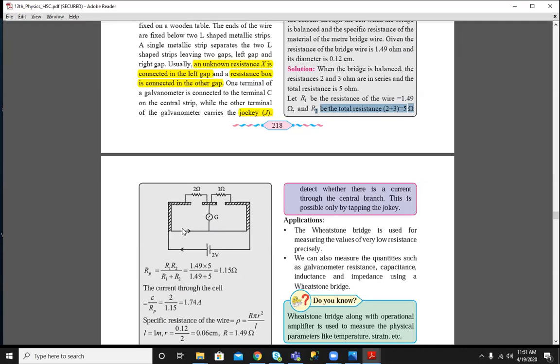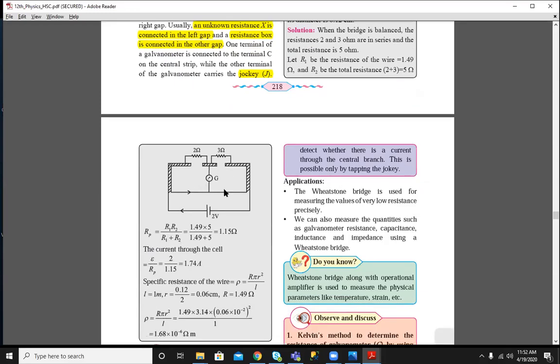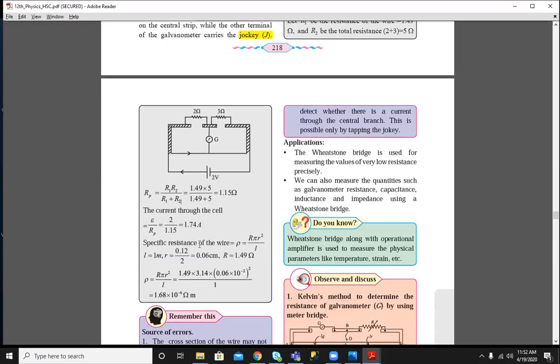This path and this path are in parallel, and for parallel resistances we already know the formula, R1 R2 by R1 plus R2. R1 is the resistance of the wire and R2 is the combined resistance of the two gap resistances. So we find the equivalent resistance. What is the voltage? 2 volt. By Ohm's law, I equals E by the equivalent resistance, and we get the current.